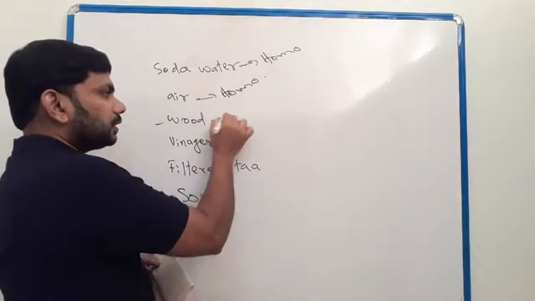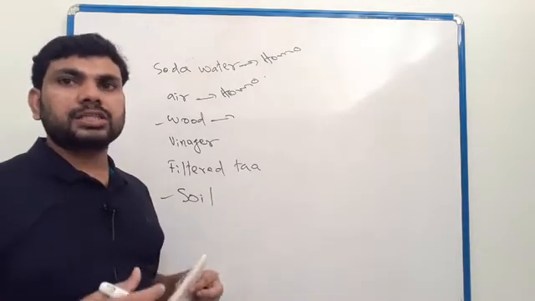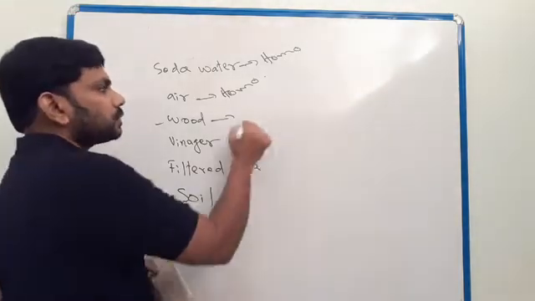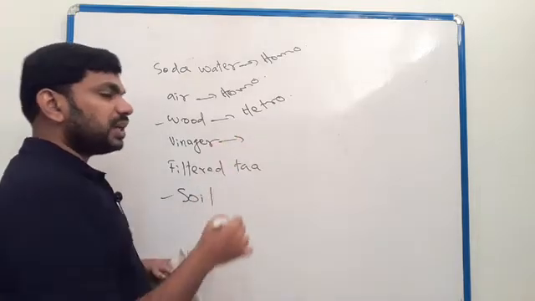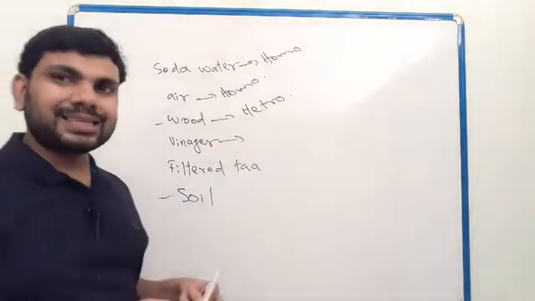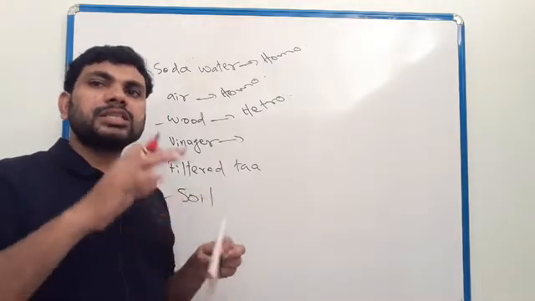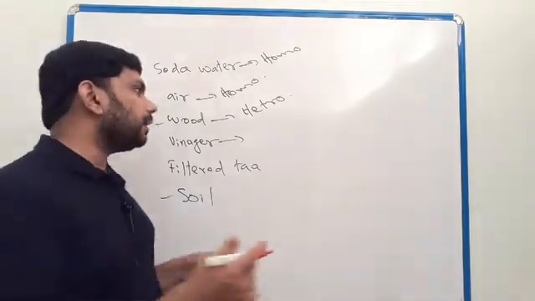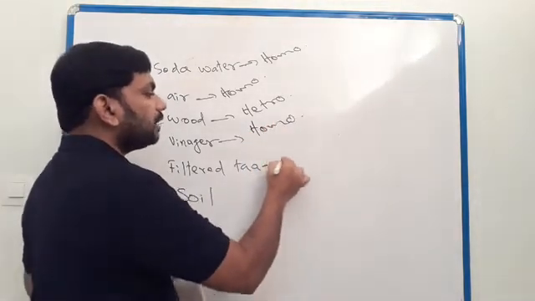Okay, and wood particles are not uniformly mixed. Different types of materials are there in wood, so it is heterogeneous mixture. Vinegar means there is acetic acid and water uniformly mixed. It is not an immiscible mixture, it is mixed uniformly, so it is homogeneous mixture.